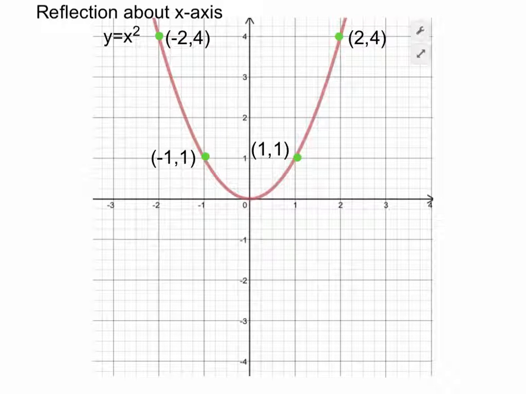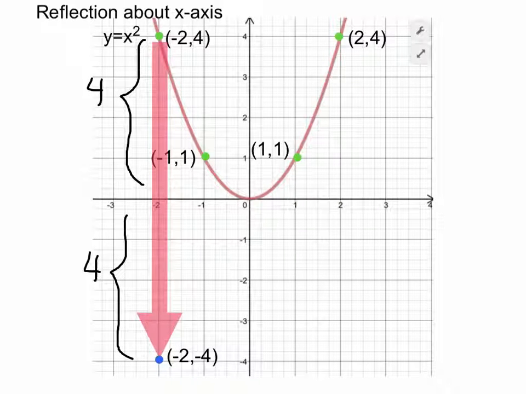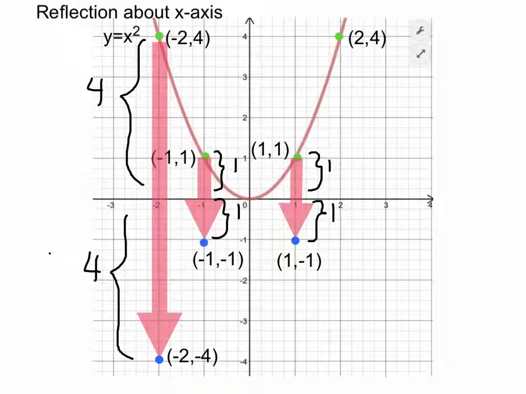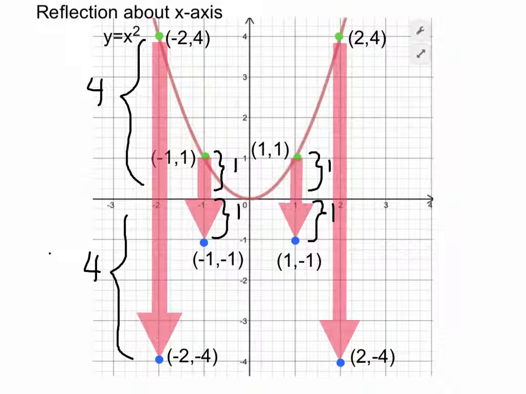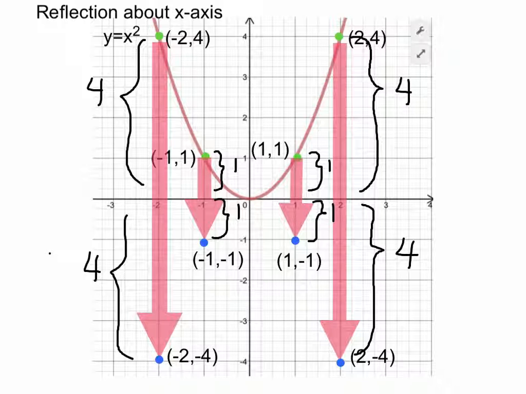So the image of (-2, 4) will be (-2, -4), and the image of (-1, 1) will be (-1, -1). The image of (1, 1) will be (1, -1). The image of (2, 4) will be (2, -4). When we connect these 4 points together, we can see the image of the graph.